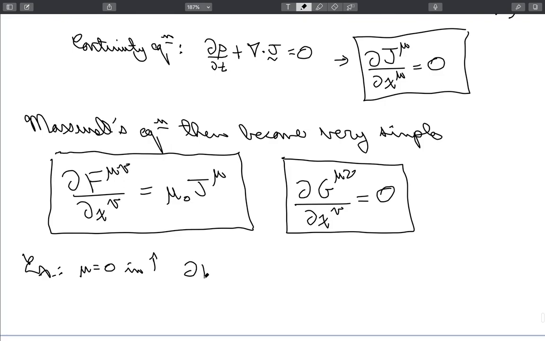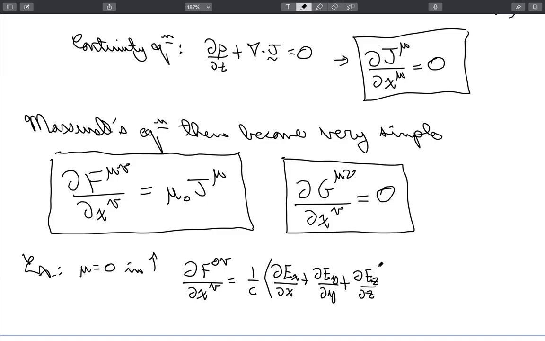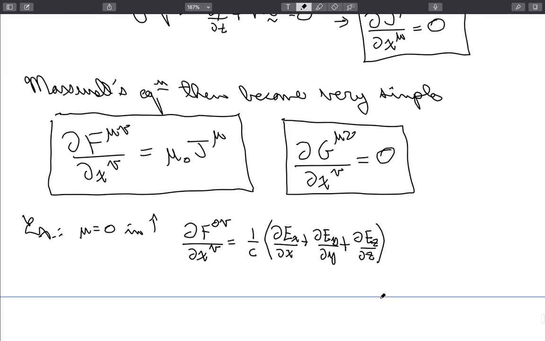So ∂F^{0ν}/∂x^ν is equal to 1 over c, because that's an overall factor in our thing, ∂Ex/∂x plus ∂Ey/∂y plus ∂Ez/∂z. Okay, so that should ring a bell. This thing here is just 1 over c times the divergence of E.